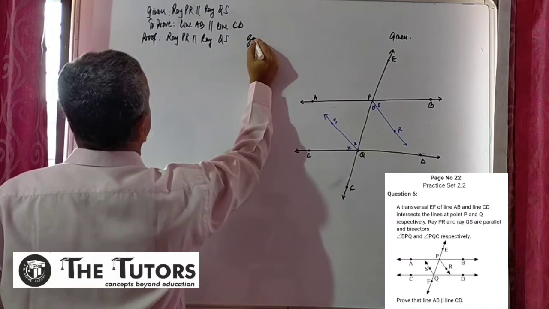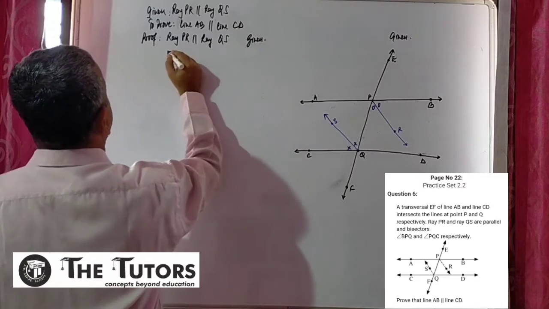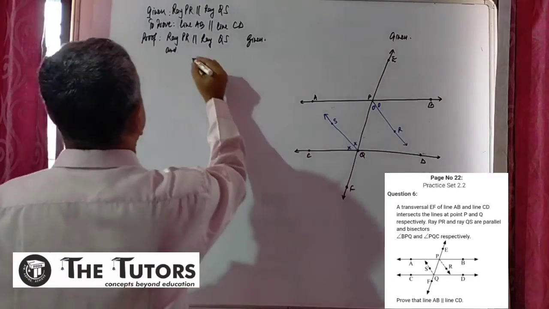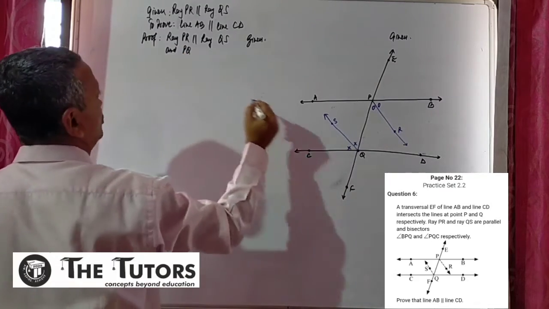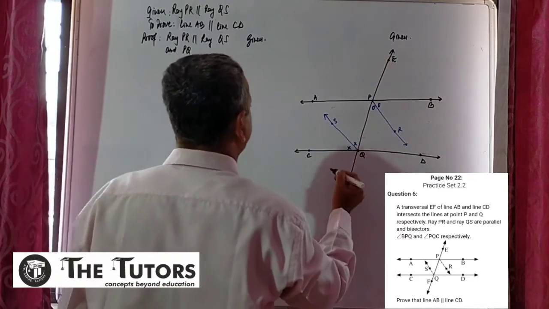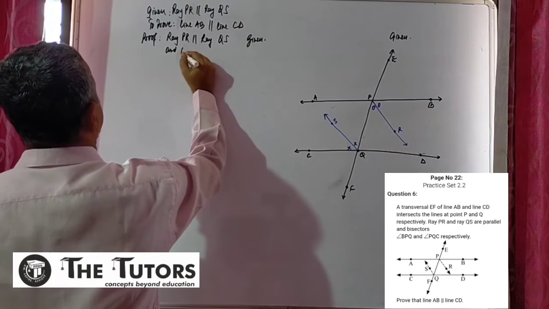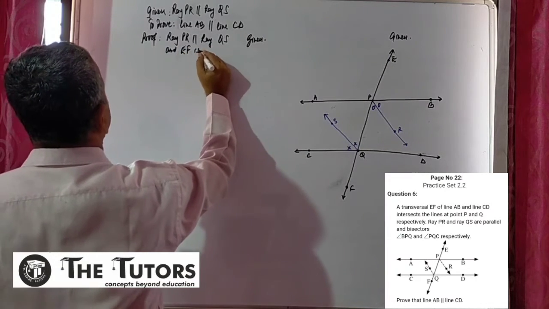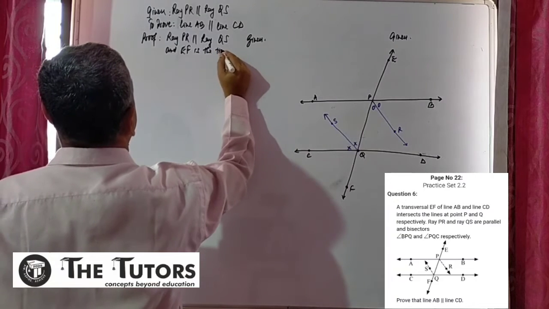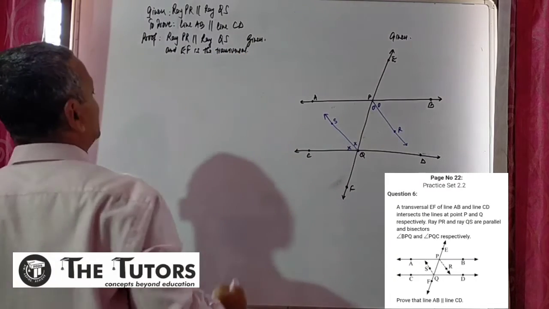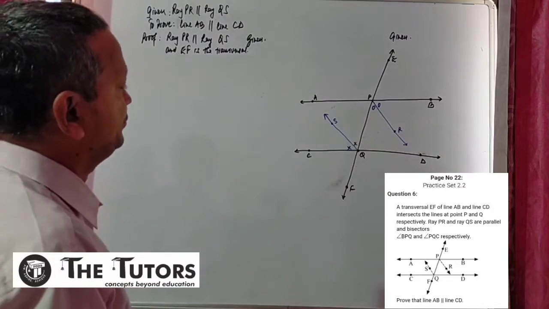This is given to you, and PQ, or you can write EF also. Whatever is given in the question, we write that. EF is the transversal.